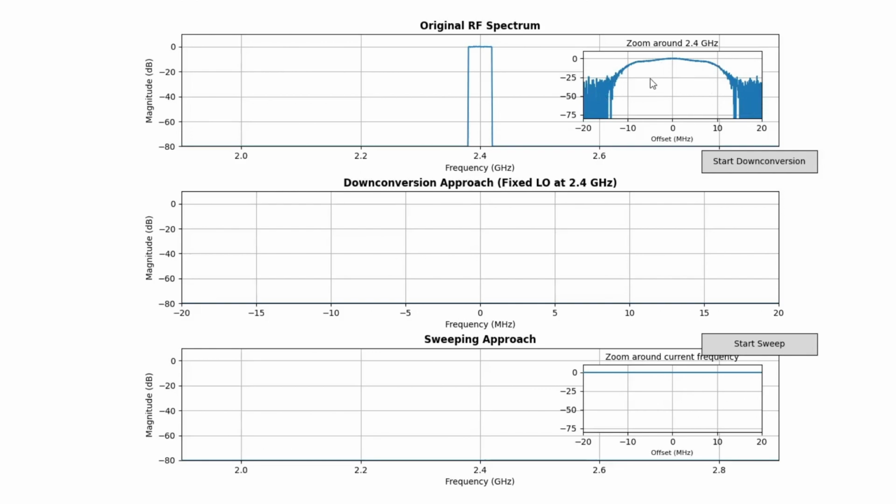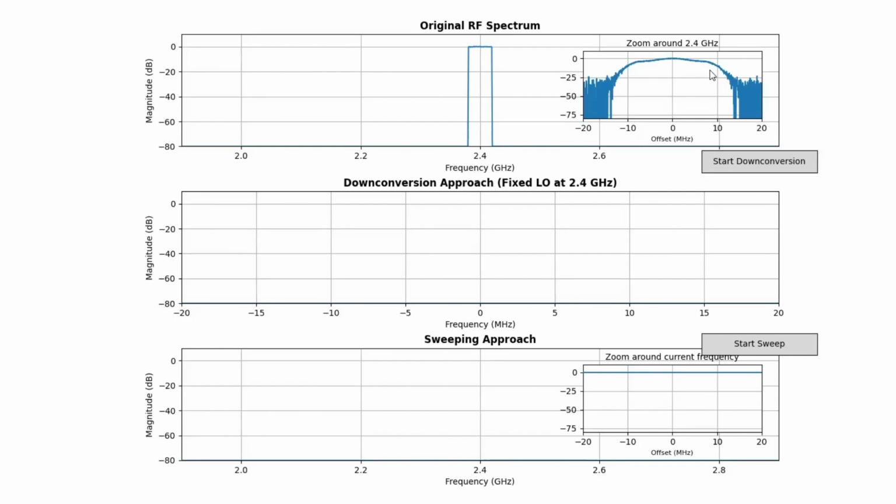Now that the signal is in low frequency baseband region, our ADC can read and convert this signal from analog domain to digital. And we can use this in our Pluto to read back the ADC data and convert that information from time domain to frequency domain by taking an FFT, which is a fast Fourier transform.